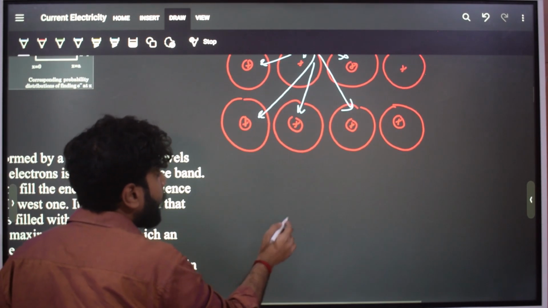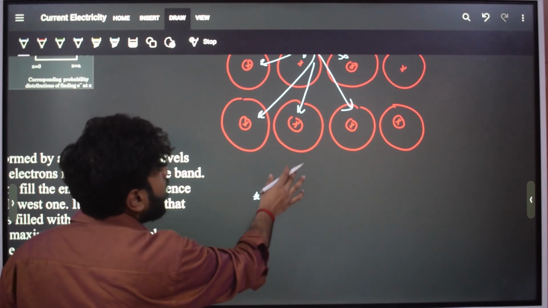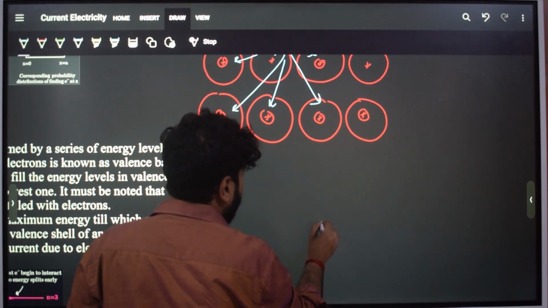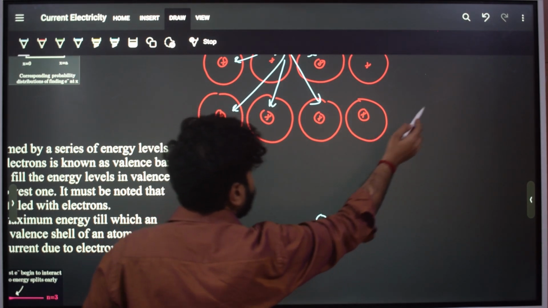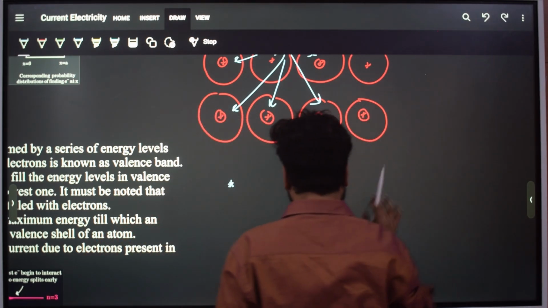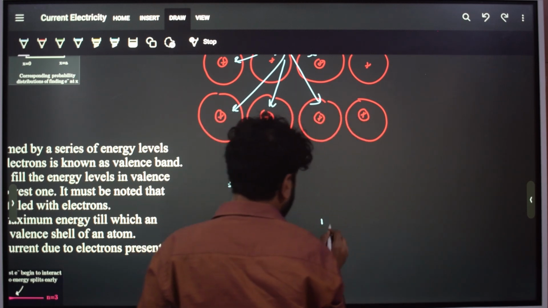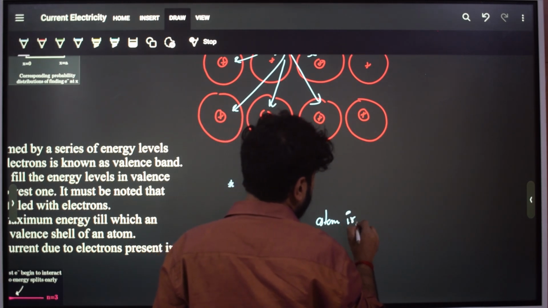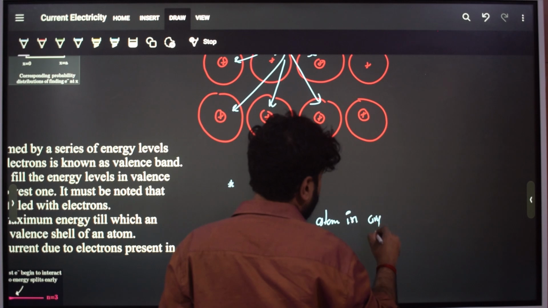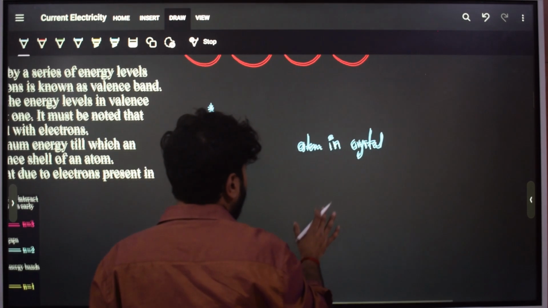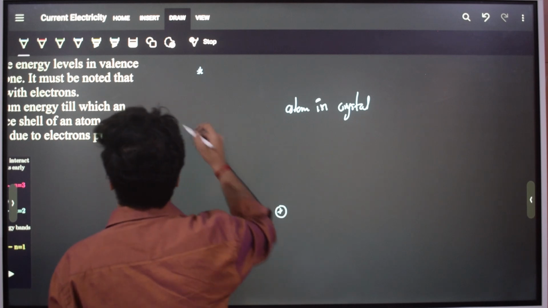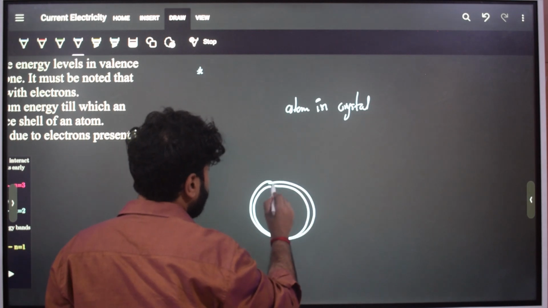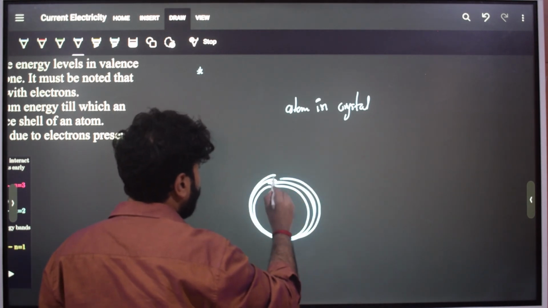Rather, for an atom in a crystal, instead of a sharp well defined energy level, it is going to have many energy levels which are very close to each other.